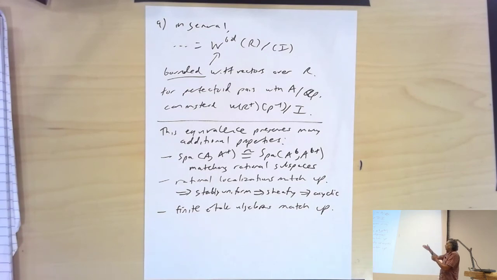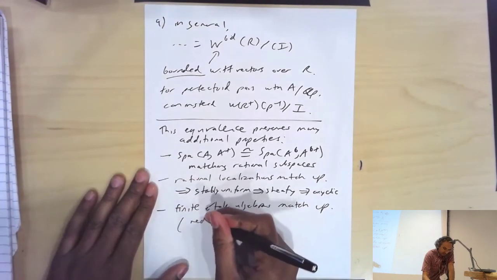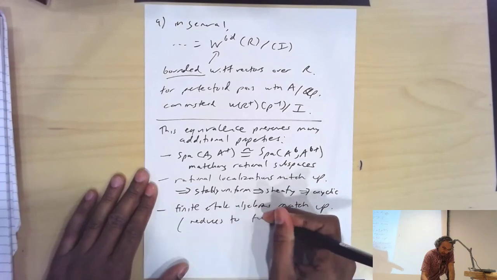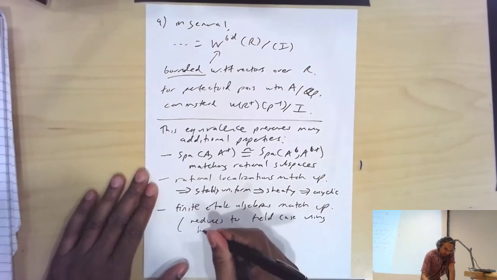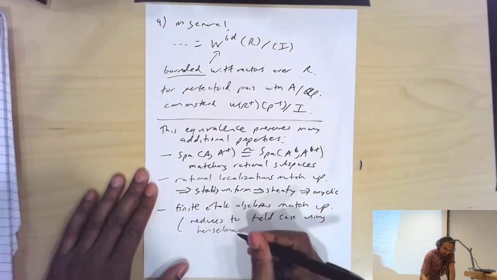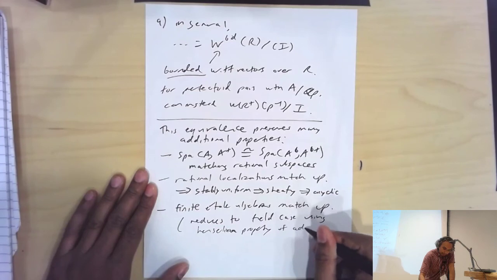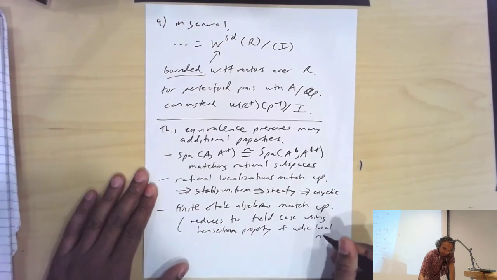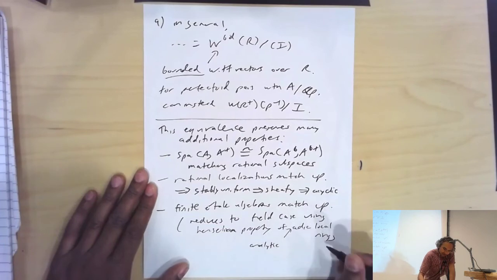So the finite étale algebras over A and A flat match up. So this reduces to the field case using the Henselian property of adic local rings for analytic spaces.